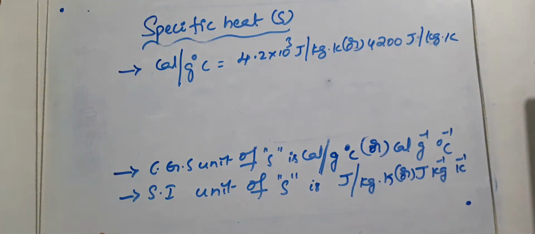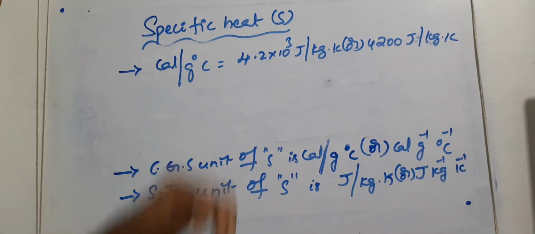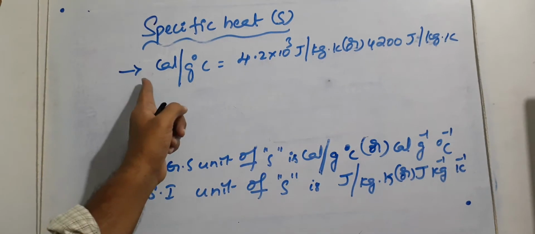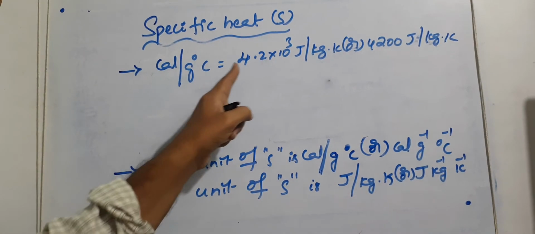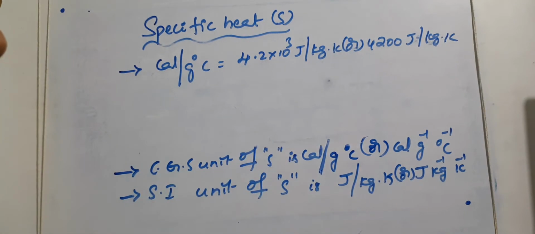That is, to convert calorie per gram degree Celsius into joule per kg Kelvin, the given value in calorie per gram degree Celsius must be multiplied by 4200 joule per kg Kelvin.